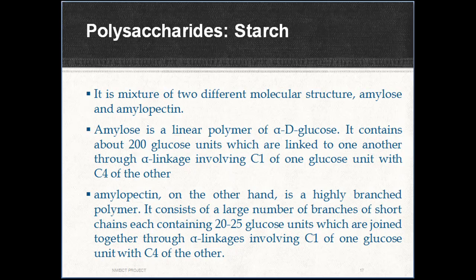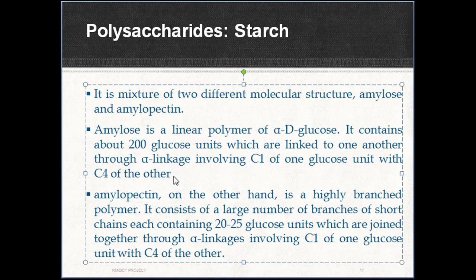For example, in wheat the granules are oval shaped, whereas in corn they are rounded and angular shaped. Starch granules are present in the storage organs of a plant, like seed, root, stem pith, and tubers.